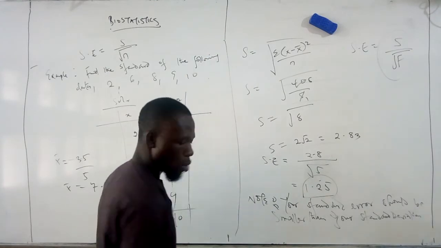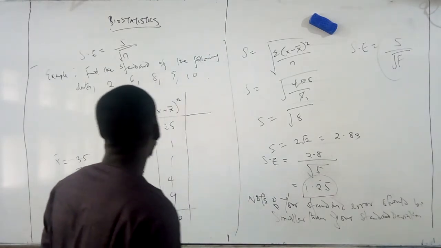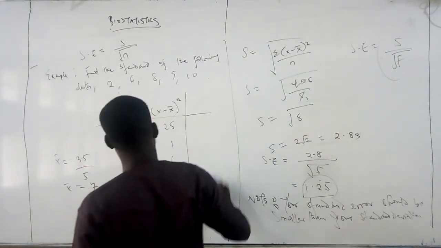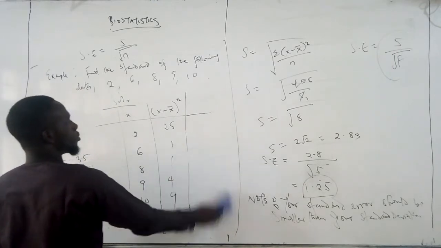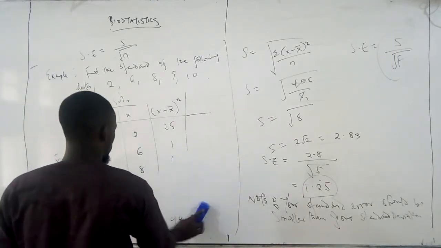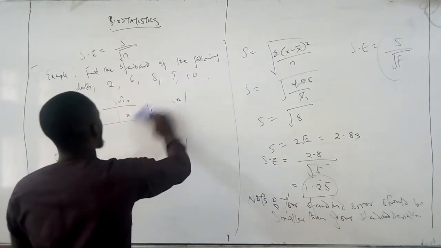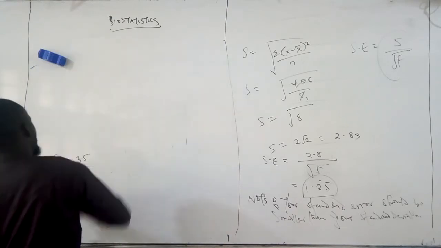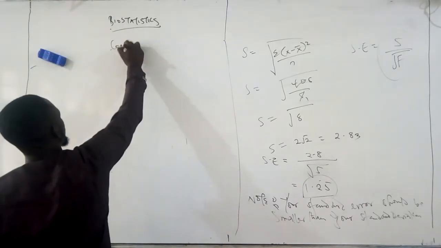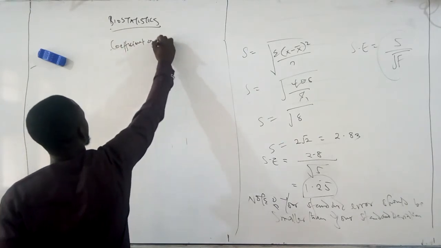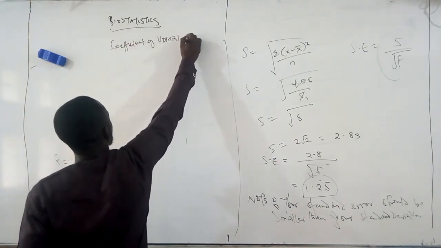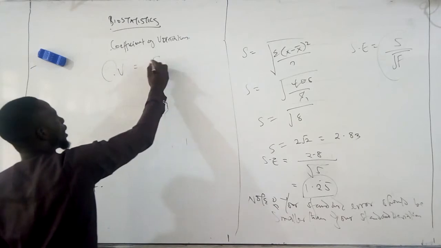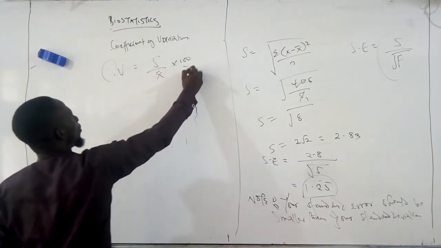That is, when we want to get our coefficient of variation in the statistical data. Now, coefficient of variation, CV, is equal to your standard deviation over mean, times 100 over 1.